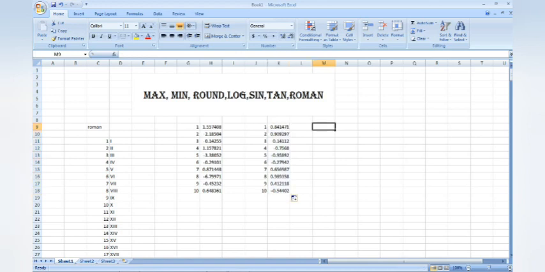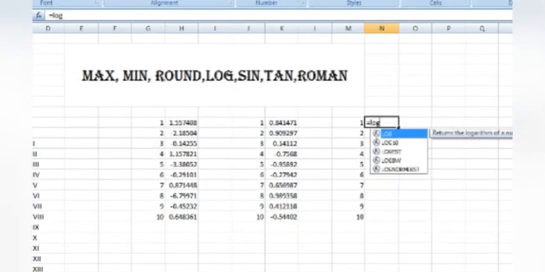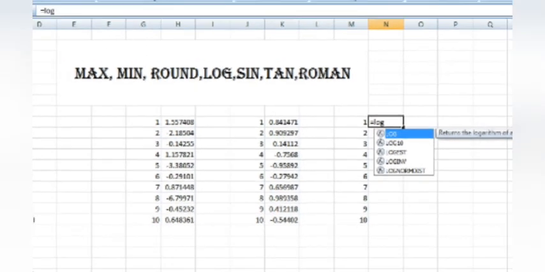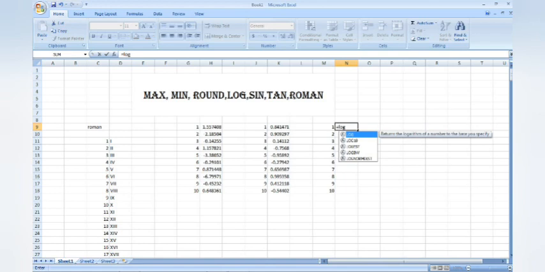Move over to log. Now in log we have two types, normal log and base 10 log.